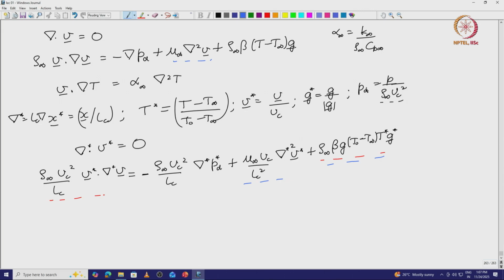In both of these cases, you will get different results. So, in this case, we will balance the inertial terms with the gravitational or body force.